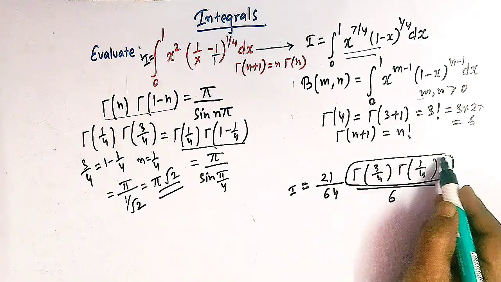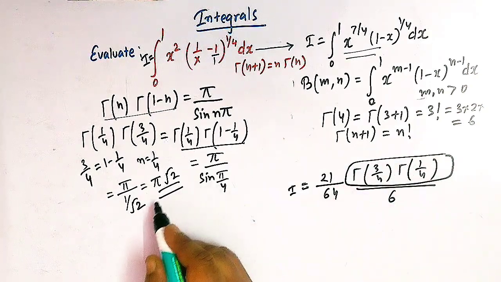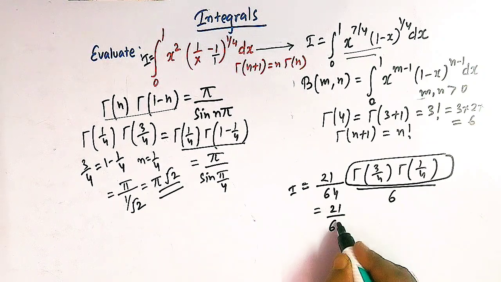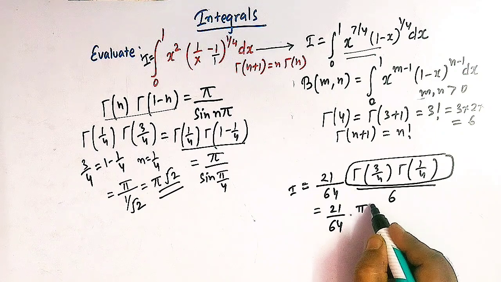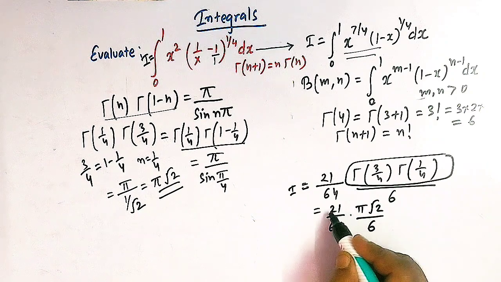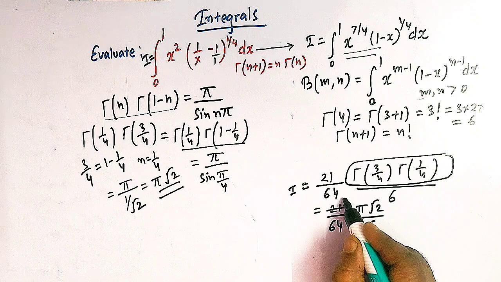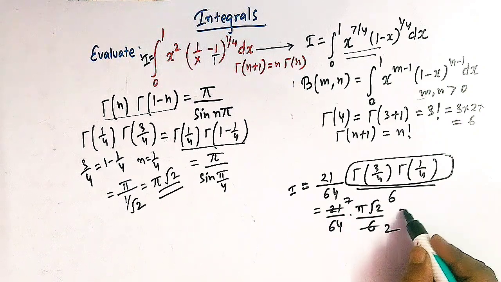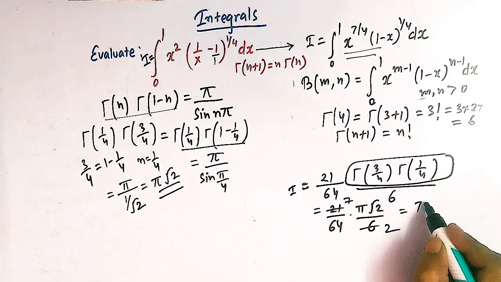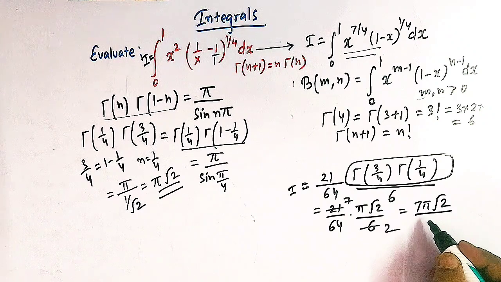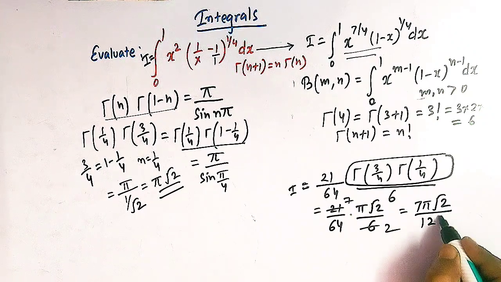So now we can replace this expression by pi times square root of 2. So we have 21 over 64, and here we have pi root 2 over 6, right? Now we can cancel 21 and 6. The common factor is 3. So here we have 7 and here we have 2, right? So this is 7 pi root 2, and here 64 times 2 is 128.